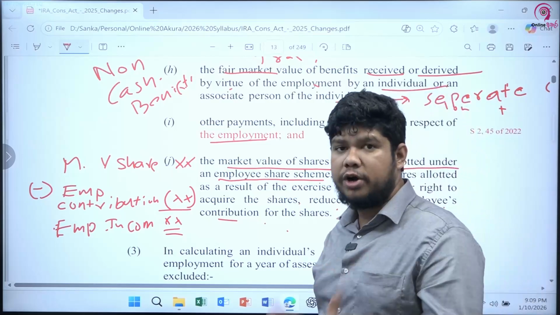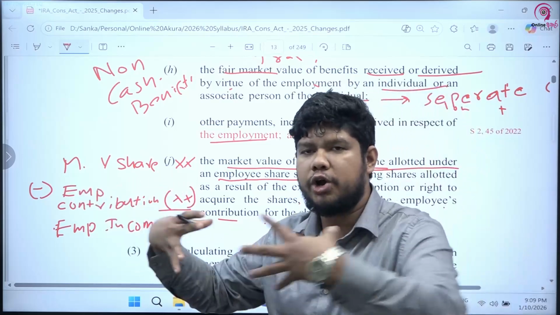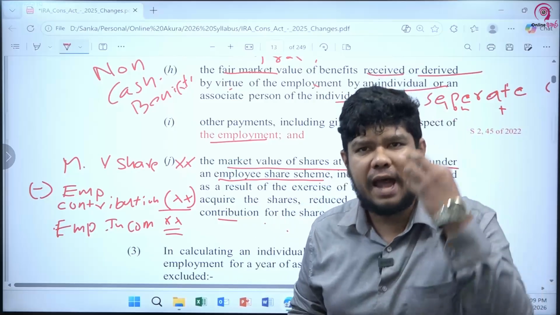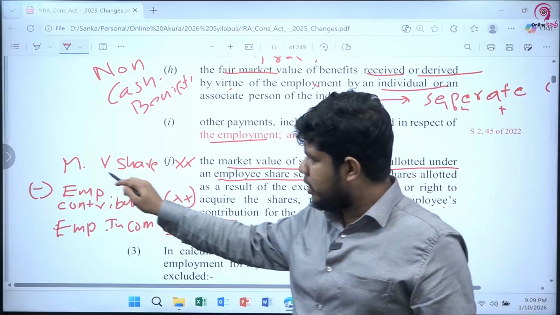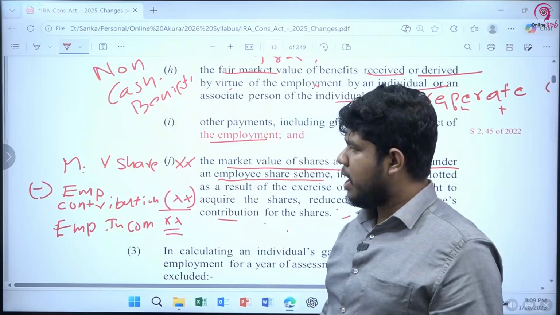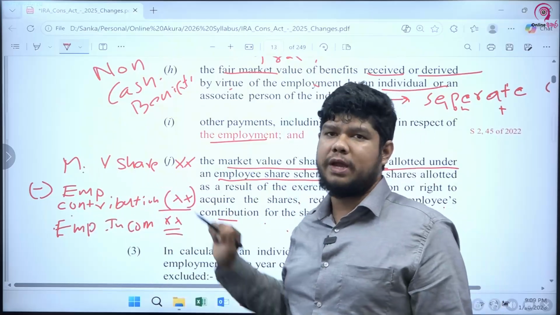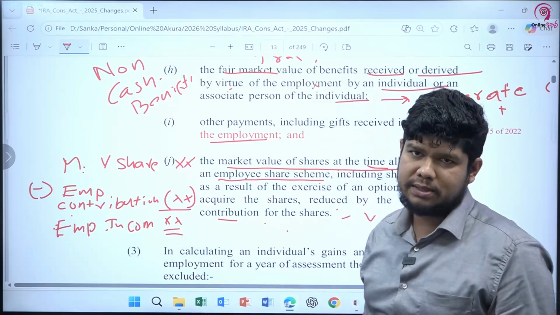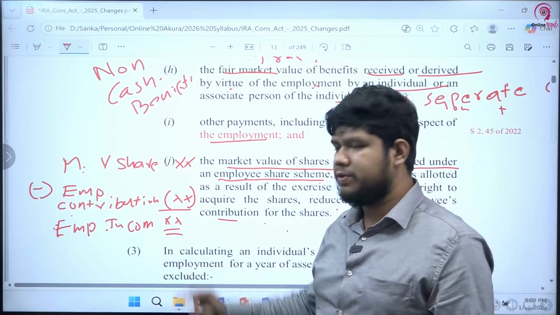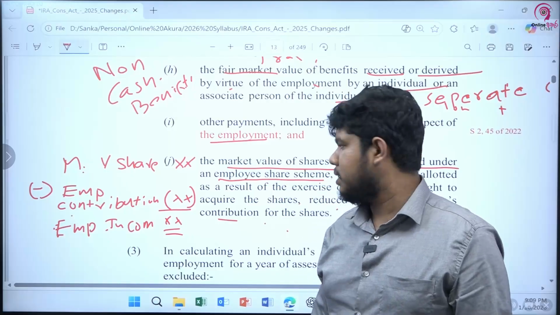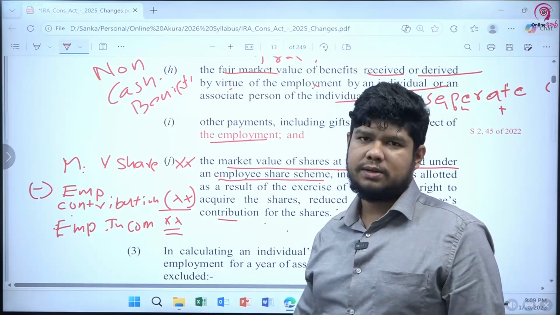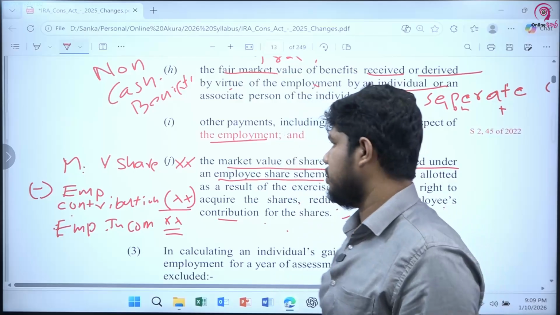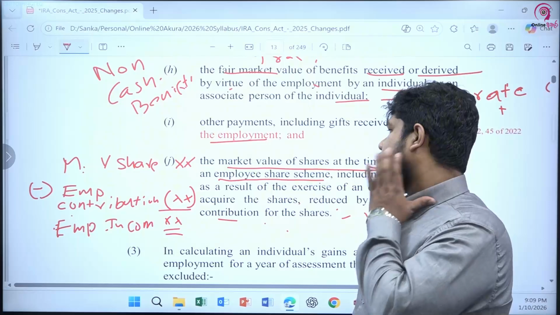It's actually allotted to your name. Now you are a shareholder legally. On that date, you need to take the market value and any amount that you paid to acquire the share. Then the balance is your taxable income. The profit is your taxable income. If it is a loss, nothing to do. So this is the gain.